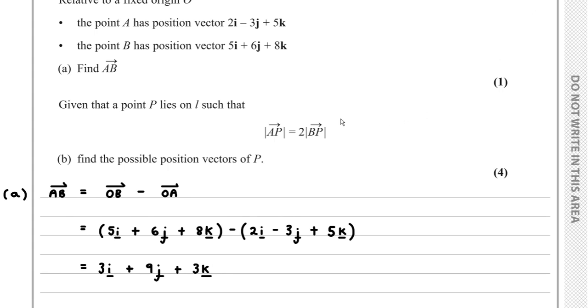Given that a point P lies on L such that the magnitude of the vector AP is equal to 2 times the magnitude of the vector BP.